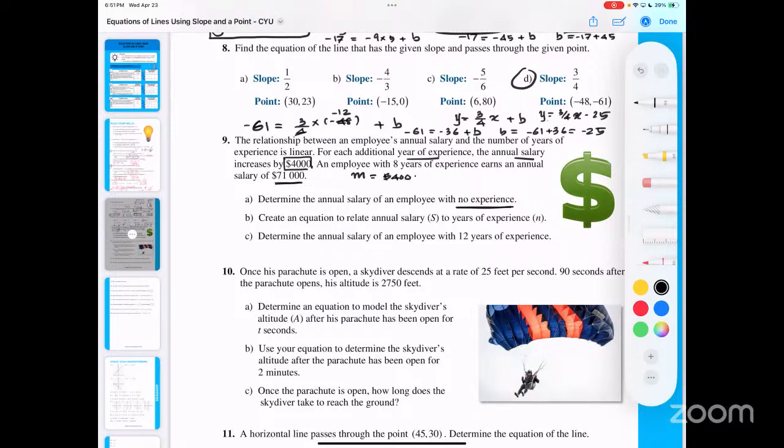You also know that in 8 years, somebody is making $71,000. Using that information, you're going to find the equation that models the number of years of service and the salary. Slope is given. Point is given. Can you just find the equation?